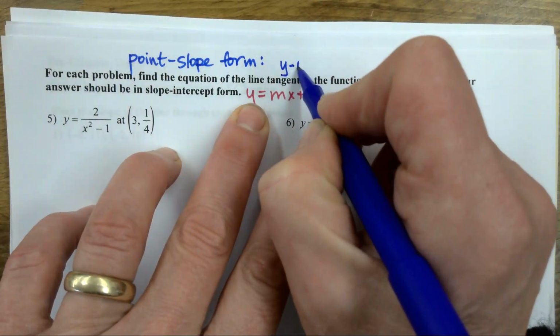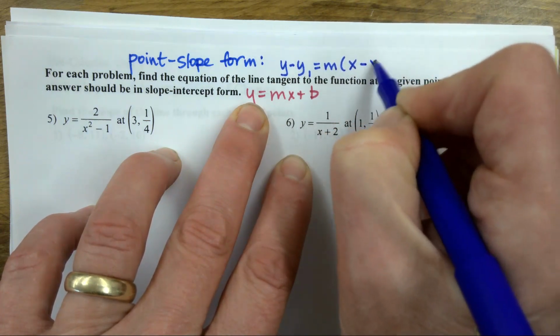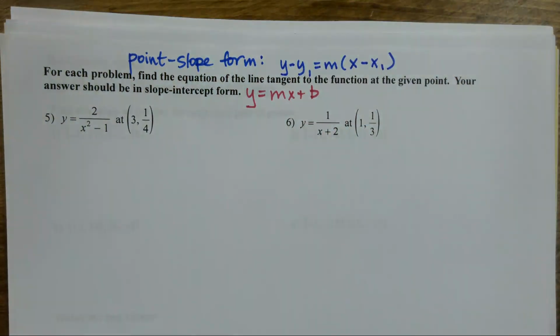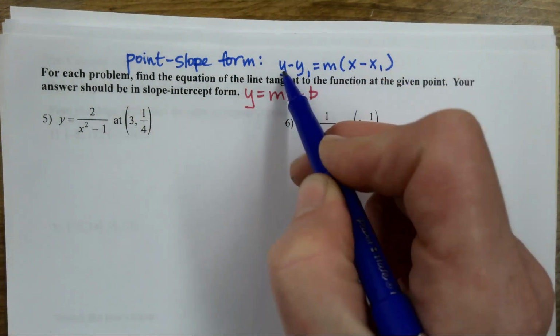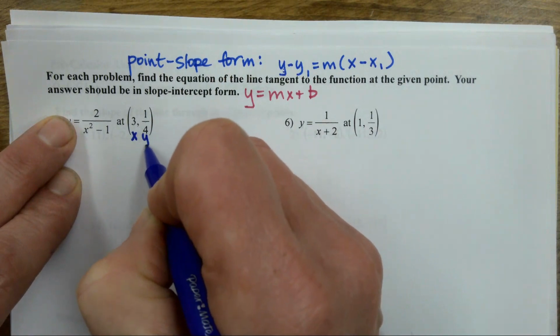Y minus y1 equals the slope times x minus x1. And it's actually 100% derived from the slope formula. If you divide the x minus x1 out, you get y minus y1 over x minus x1 equals m, and that's exactly what it is. The only difference is when we're using it here, we actually know a point, and this is the x and the y that I know, okay? So when I plug that in, this is x and this is y.